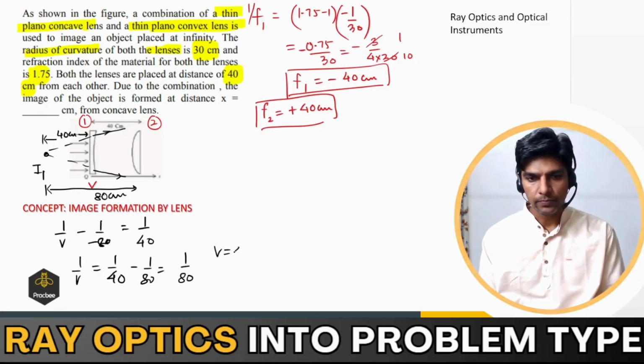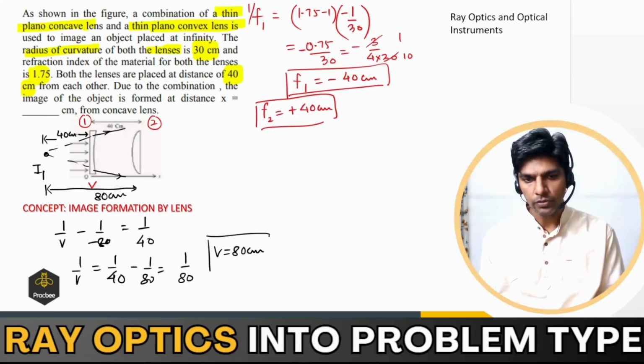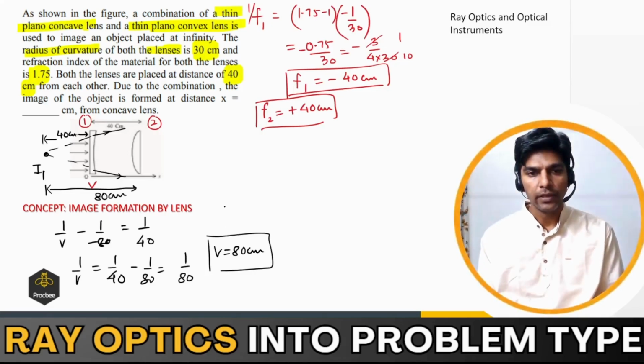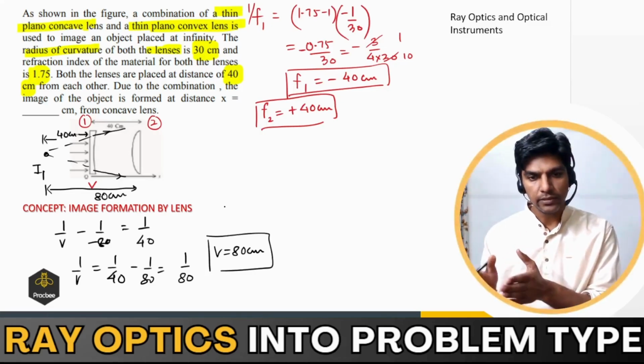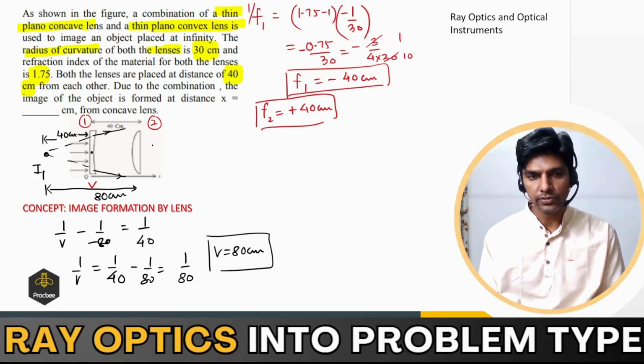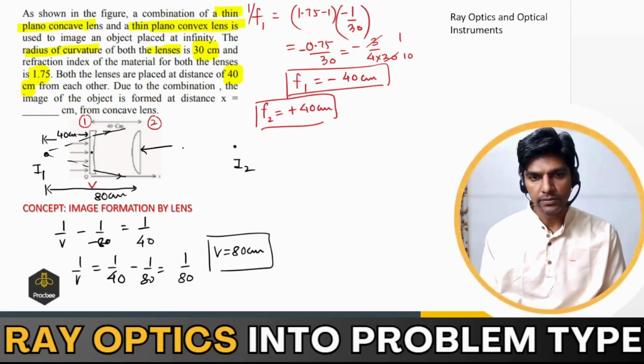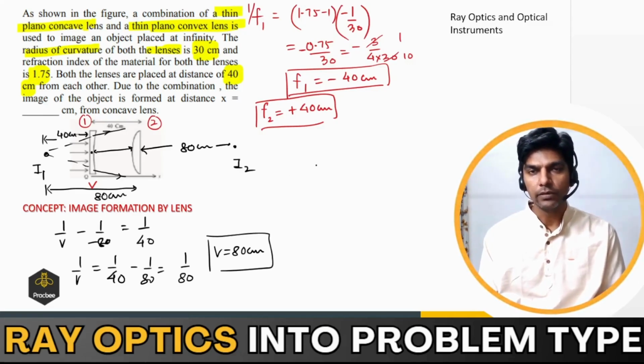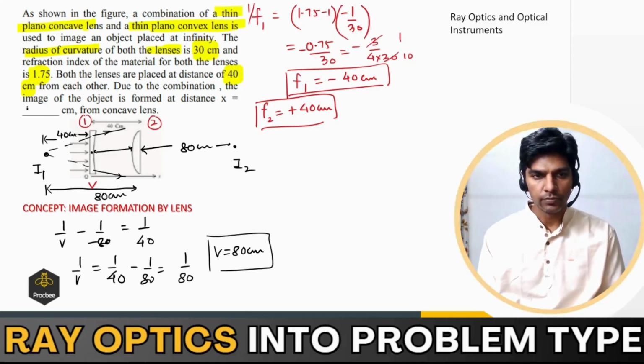So v is 80 centimeters. So we got the position of the final image, and this image is at a distance of 80 plus 40 from the first lens, because this is the distance from the second lens. So this is the final image I2, and this distance is 80. So the distance from the first lens will be 80 plus 40, that is 120. So 120 is the answer of this question.